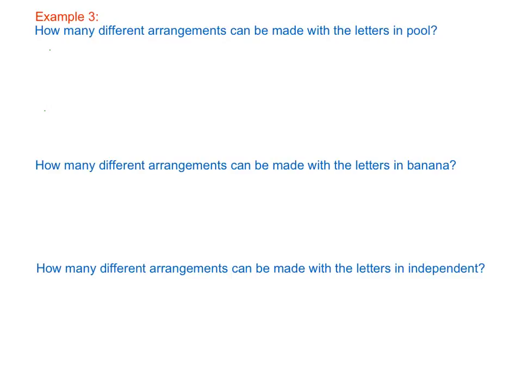Alright, in the previous examples we didn't have any duplicating letters. In this one here, the letter O occurs twice. So there's 4 total letters, which gives us 4 factorial, but we have to account for the fact that if you switch the O's, it still looks the same.